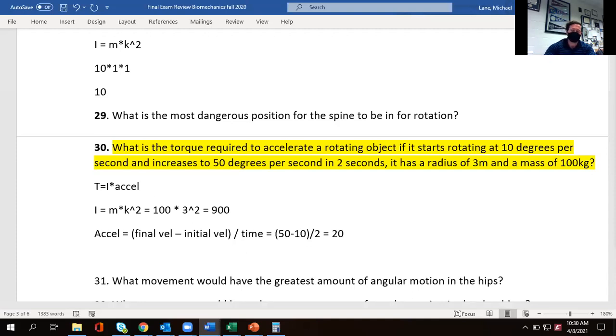So now, to come back up here, we literally have 900 times 20. So 18,000 Newton meters.